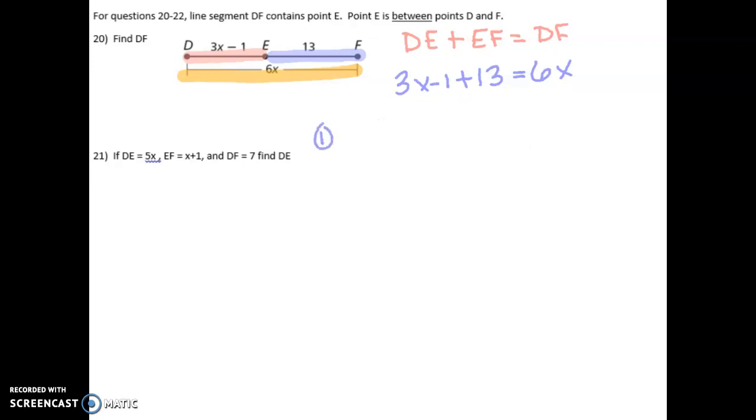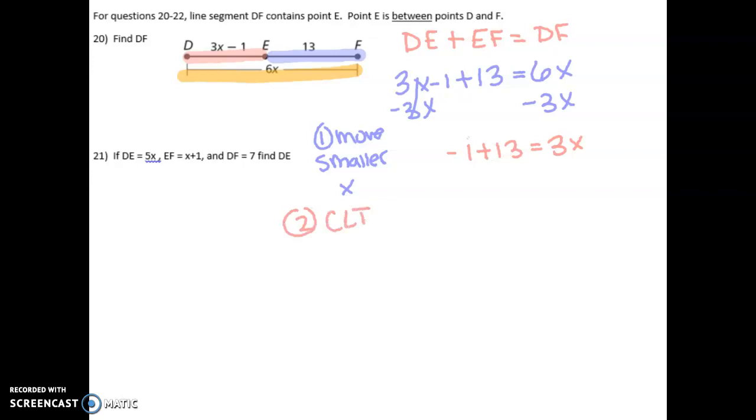Remember, first step is move the smaller x. So here I'm going to subtract 3x from both sides. That's going to cancel. Then I'm going to say -1 plus 13 is equal to 3x. 6 minus 3, that's 3. I'm going to combine my like terms.